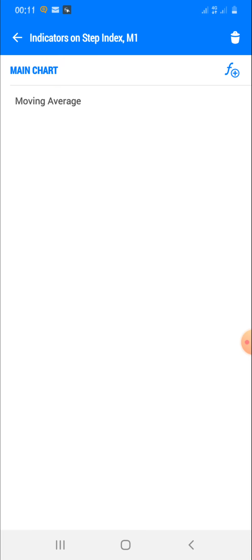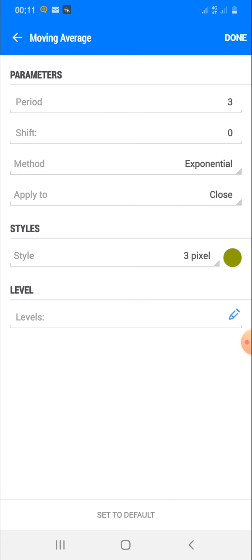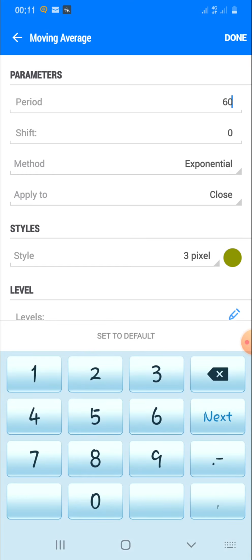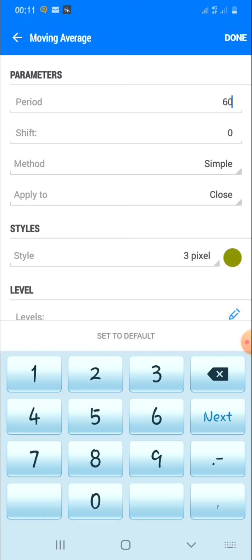Then we need another moving average. Let's make this one to be 60, and let's choose the shift one. For the method, make it simple.